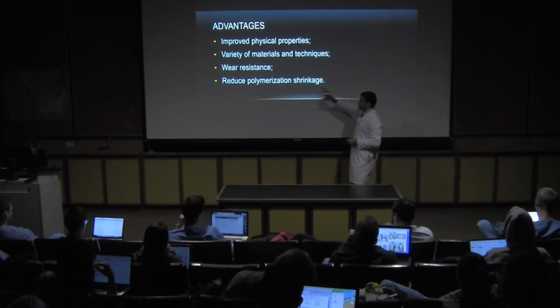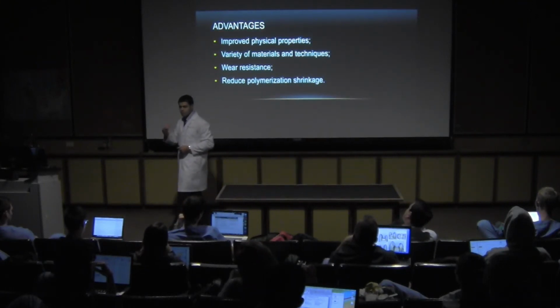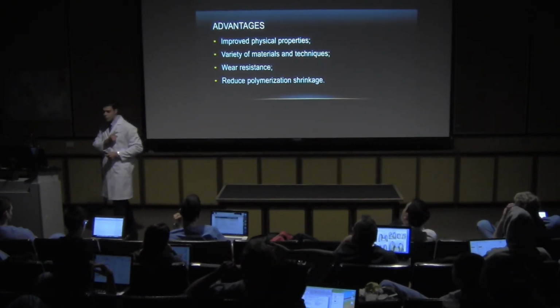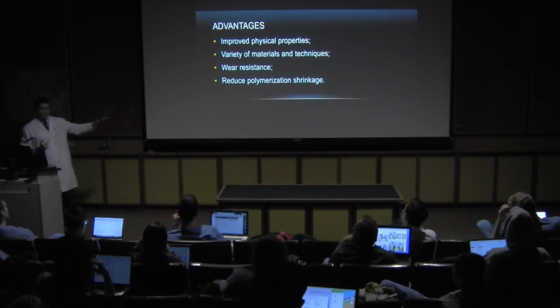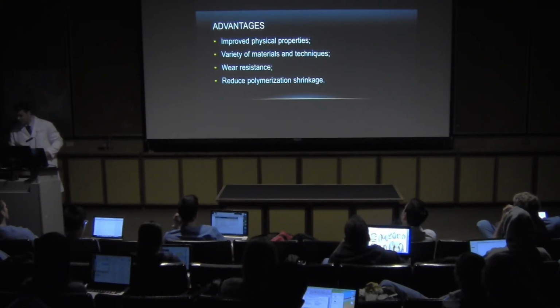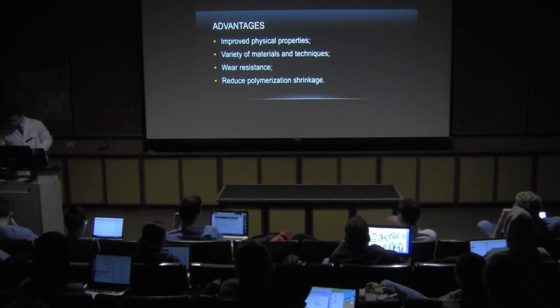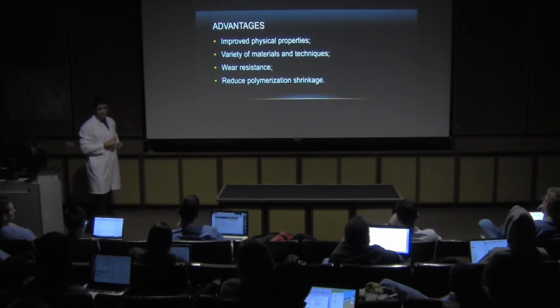Well, let's talk a little bit about the advantages and disadvantages now, but I'm going fast because you have this on VitalSource. So if you have any questions, please ask me during the advantages and downsides, right? Compared with amalgam and composite resin, all the indirect materials have improved physical properties.